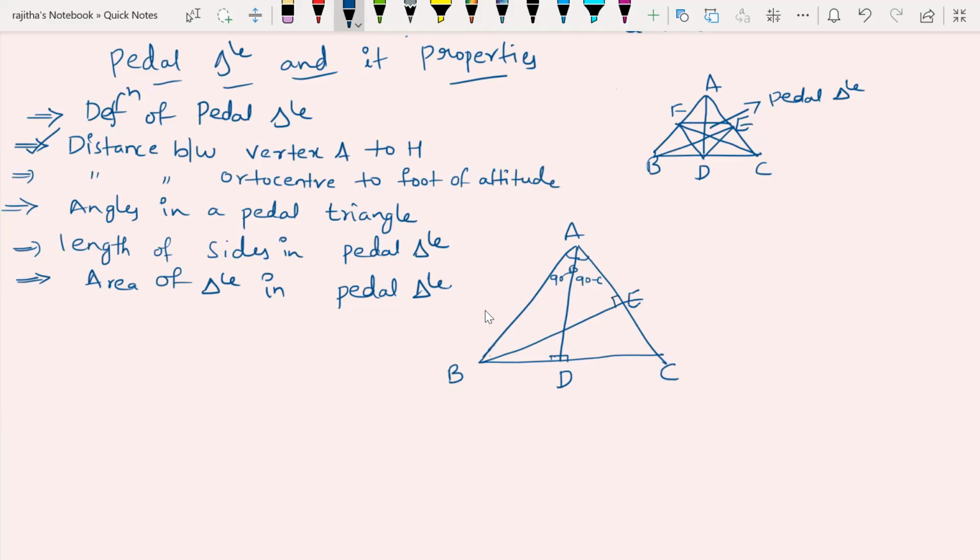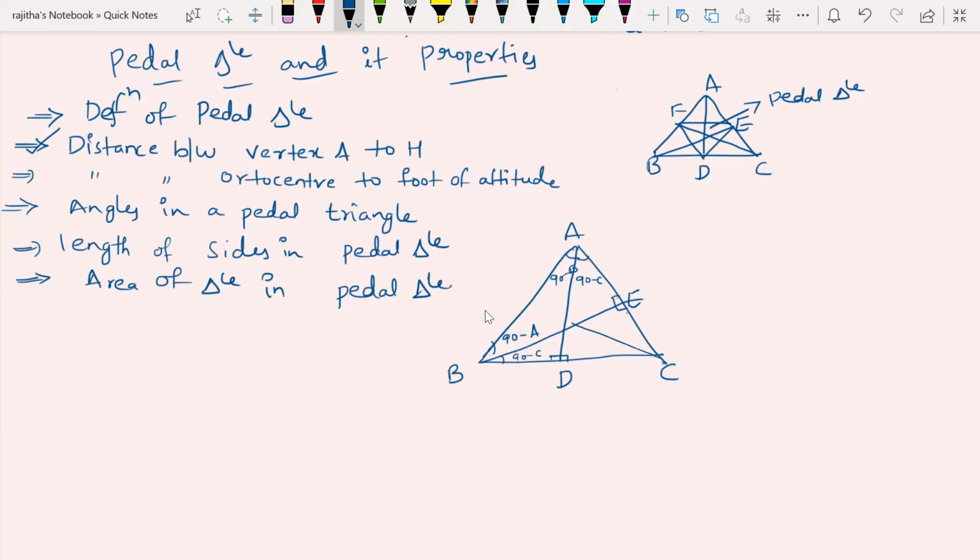This angle is 90, this angle is A. What about this angle? 90 minus A. Similarly, this angle is 90 degrees, this angle is C. What about this angle? 90 minus C.